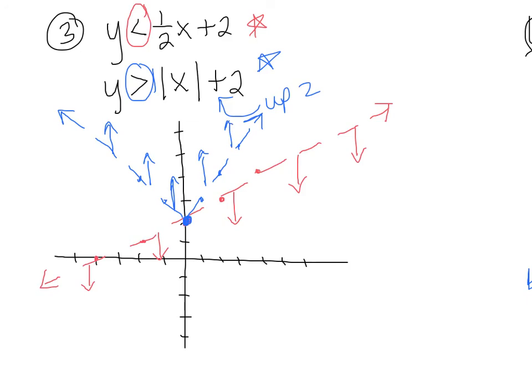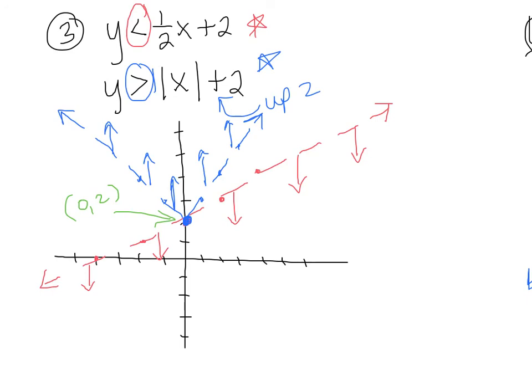Now, as we look for an overlap of these shaded regions, we realize there's not one, right? They do share this point right here, okay? They both land on the point 0, 2. However, because we do not have both solid line graphs, that point actually is not in the solution set either.